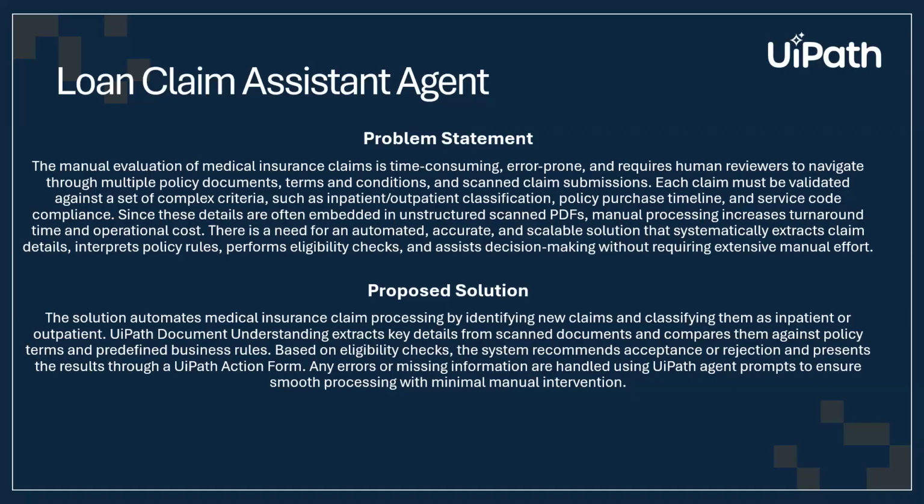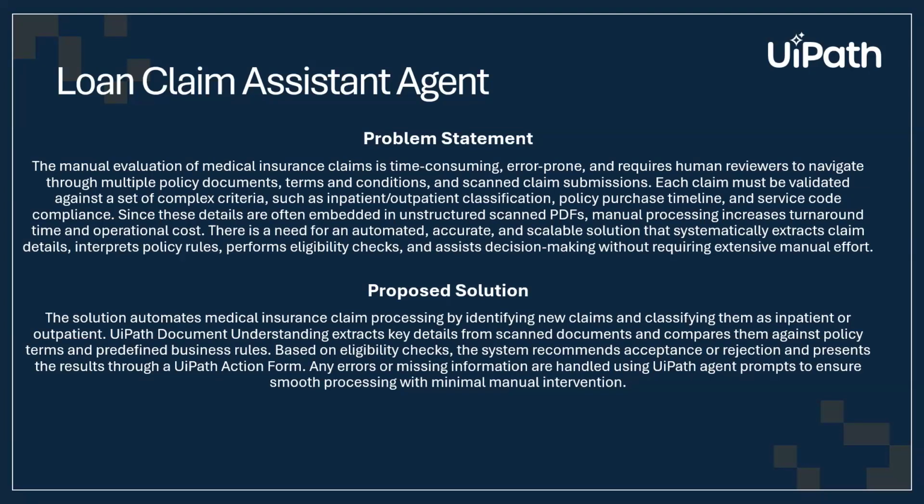Also, in the end, just for the sake of having multiple products touched on within this scenario, we have added Action Center into that so that a human can also be in the loop as a last step to approve or reject the claim. And this is what we are trying to solve.